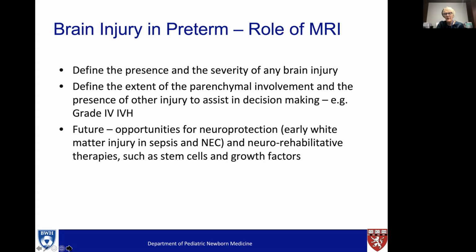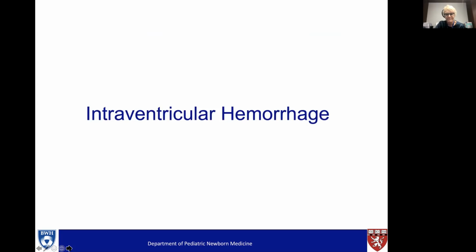For the future, however, there will also be opportunities for neuroprotection, early white matter injury delineation and sepsis, and neurorehabilitative therapies such as stem cells and growth factors being offered to our preterms as well as our term infants. Things like erythropoietin, things like combining that with stem cells. And then how can we better target rehabilitation? If we know there's been brain injury at any other time in life, we always offer and target rehabilitation.